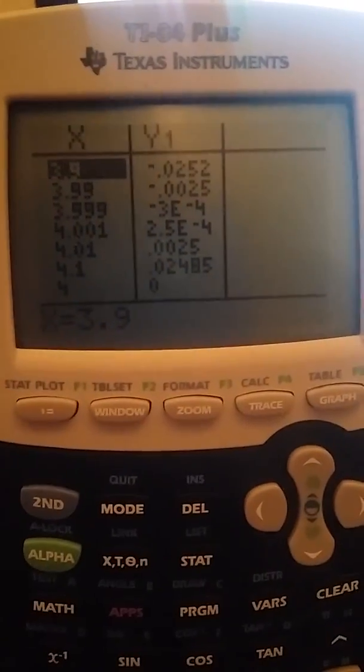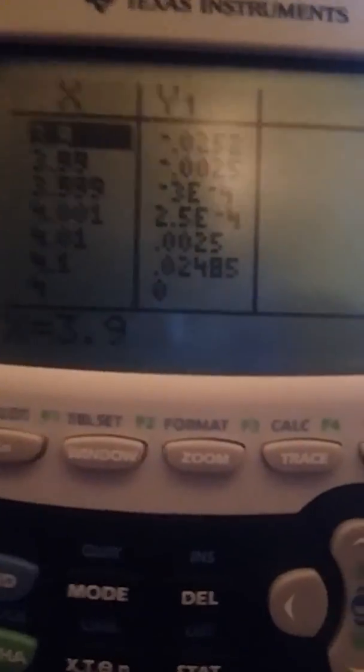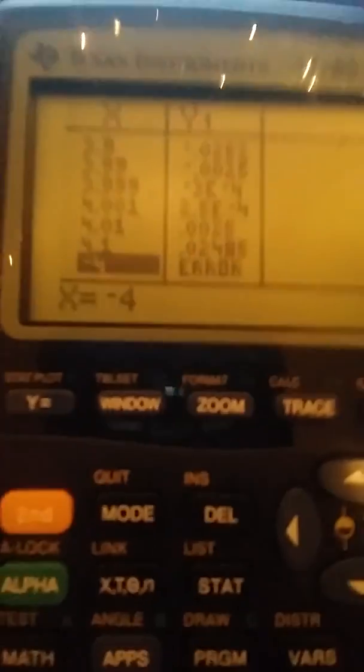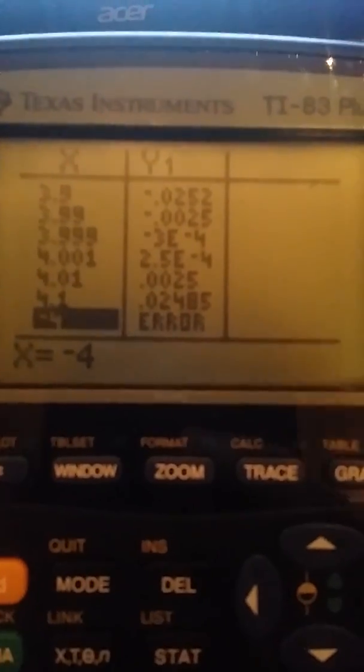Okay, so the limit evidently must not be 4. Hold on. Okay, never mind, I was just being stupid. The limit isn't positive 4, the limit is negative 4, which gives us the error over there.